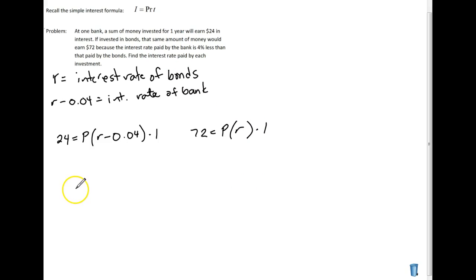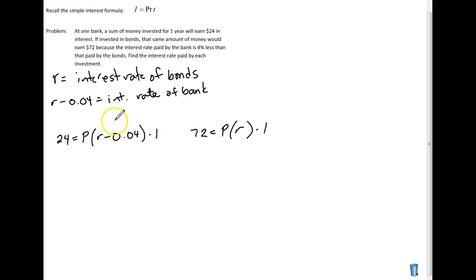Now, what I do know is that the amount that you invest, a sum of money invested, on the bonds is the same amount of money. So my principal should be the same in both of these equations.